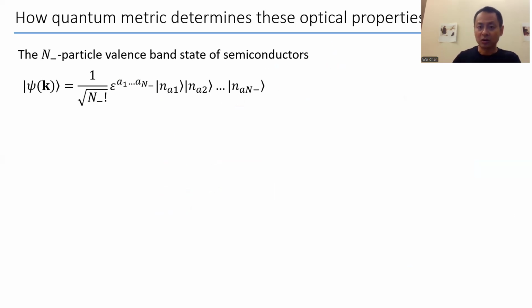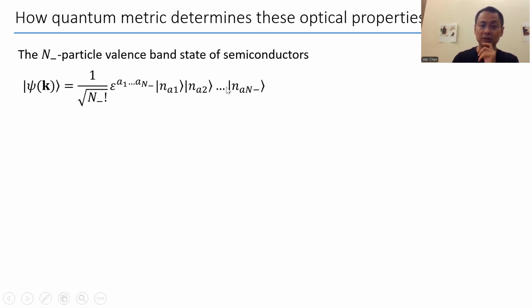Okay, now comes the quantum metric. Suppose you have a semiconductor that has a lot of valence bands and a lot of conduction bands. The valence bands are totally filled and the conduction bands are totally empty. Because electrons are fermions, you can construct a single valence band state by fully anti-symmetrizing the valence band states, where A1, A2 to AN just enumerates the bands that you have.